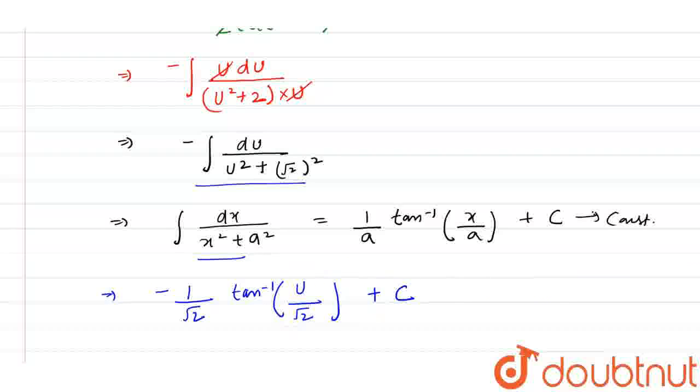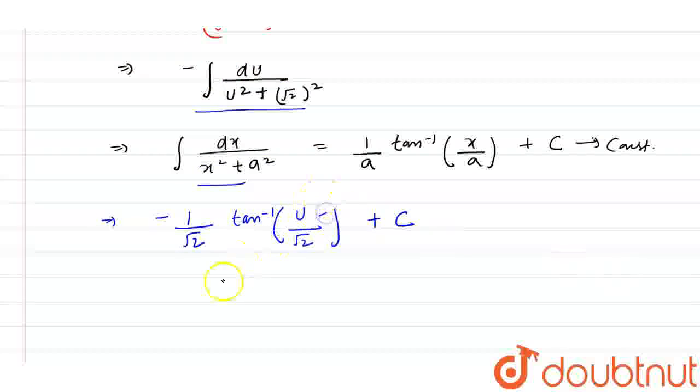Now by putting the value of u, that is root of t square minus 1, we get minus 1 upon root 2 tan inverse root of t square minus 1 upon root 2 plus c.